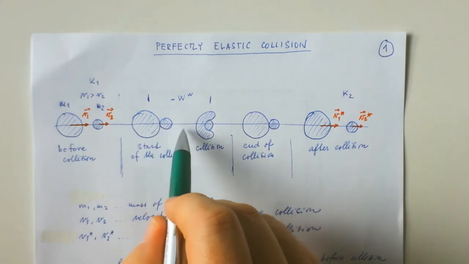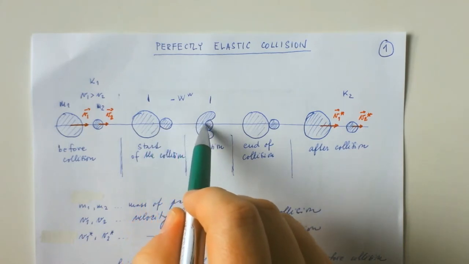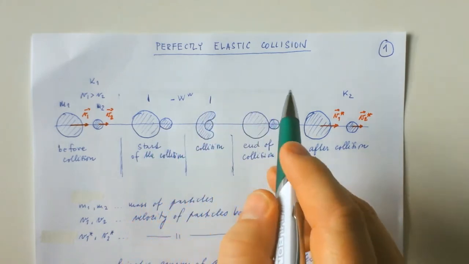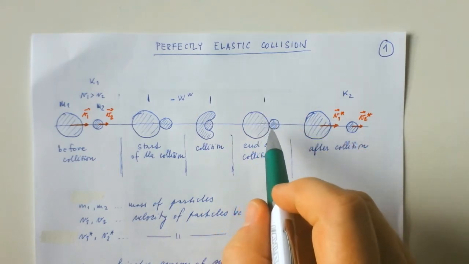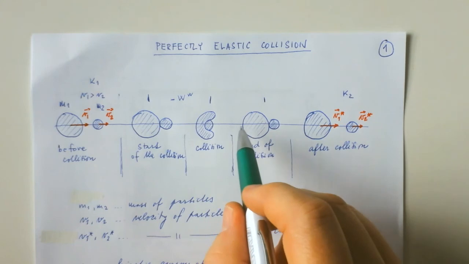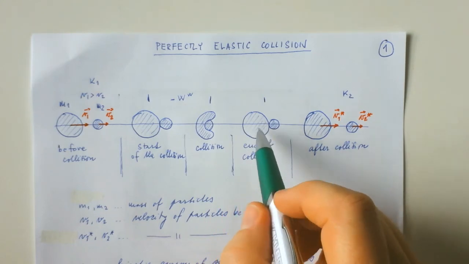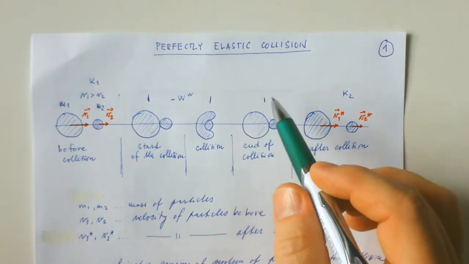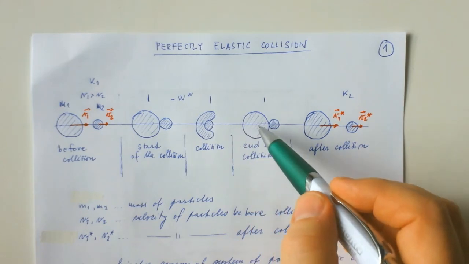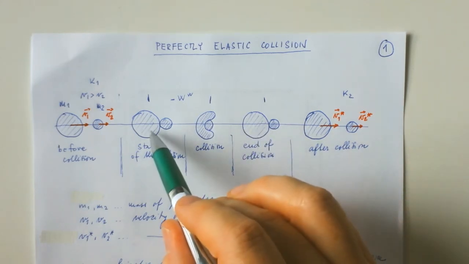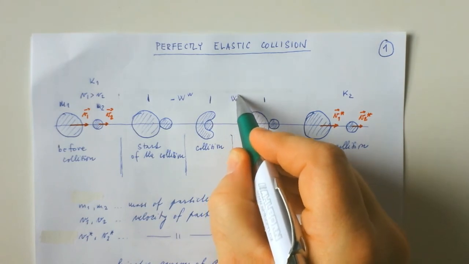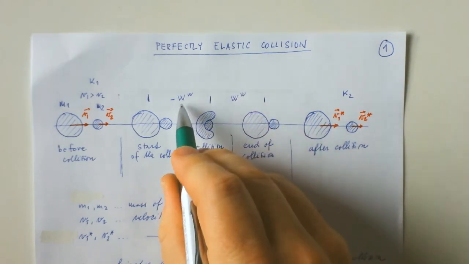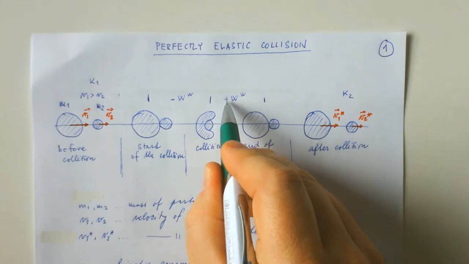These forces are making deformation. And after that, when deformation disappears and there is some resilience, particles are reshaped to their original shape. So there was also some work of force, the same amount but with plus sign.